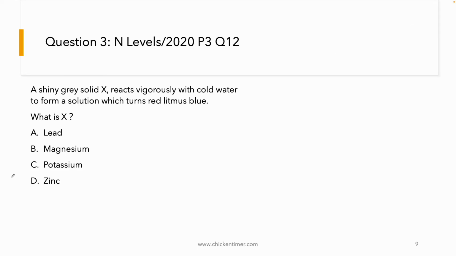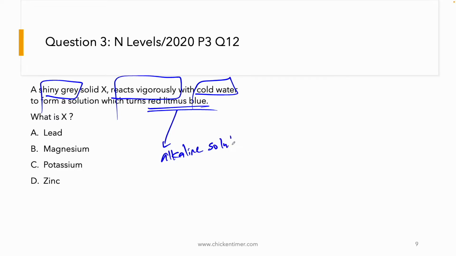In question 3, we have a question regarding the reactivity of metals. We have a shiny gray solid that reacts vigorously with cold water, and forms a solution that turns red litmus blue. Red litmus turning blue means an alkaline solution is formed.